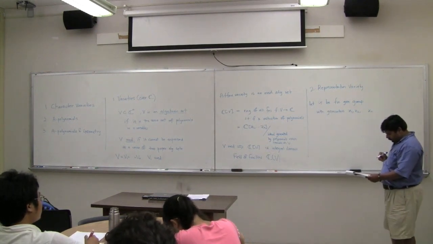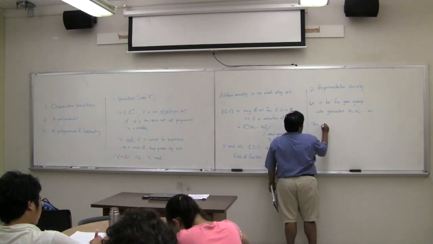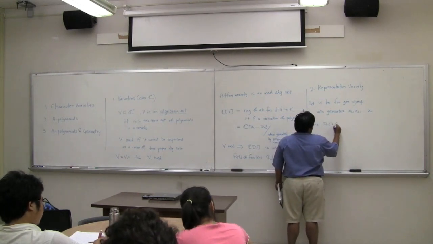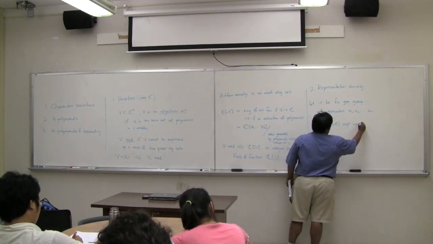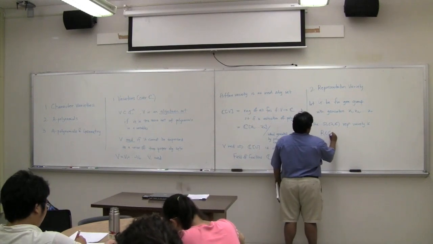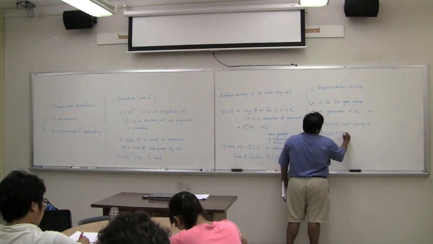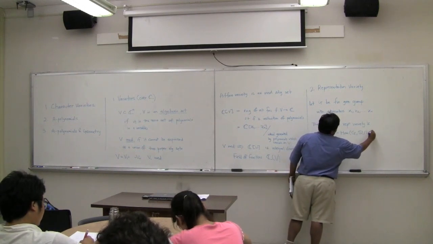And then the SL2C representation variety is defined as all the homomorphisms from G to SL2C.